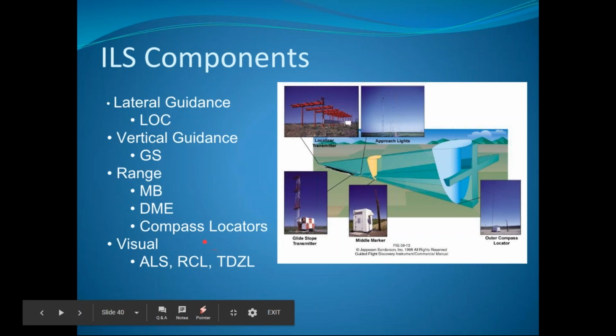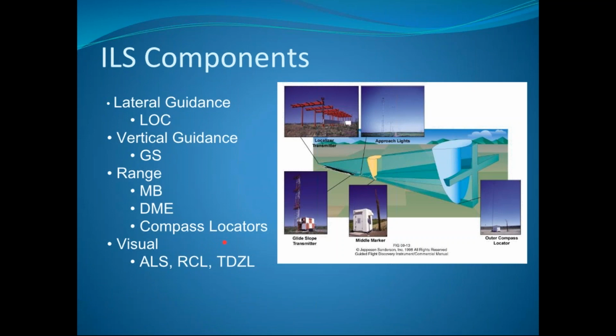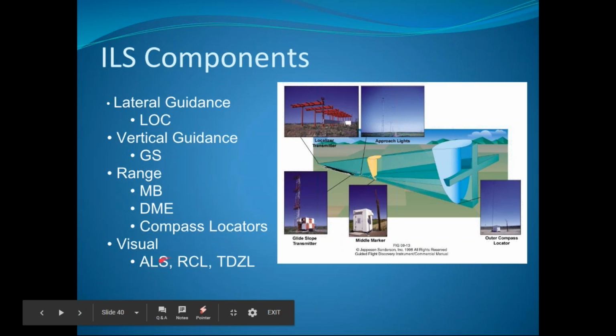They don't exist anymore. The visual indicators we have for an approach into a runway would be the approach lights, whether that be the approach lighting system, the runway centerline lights, or the touchdown zone lights.